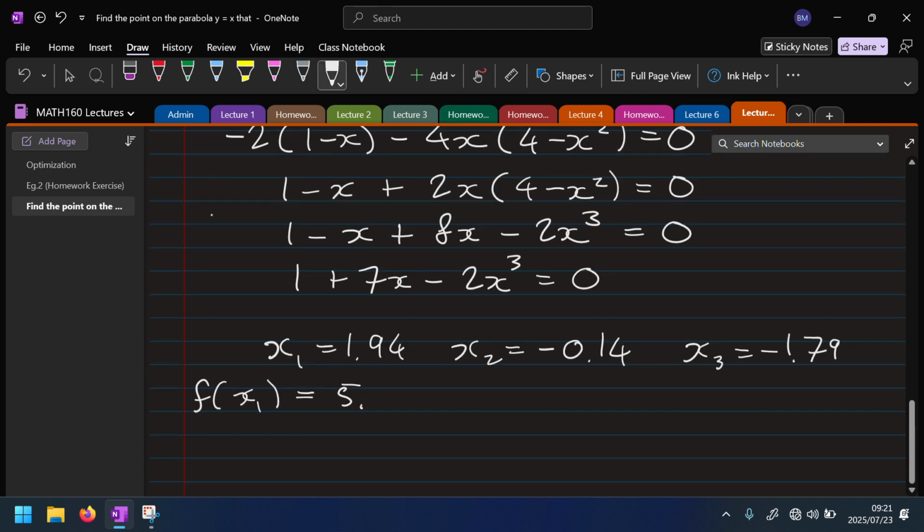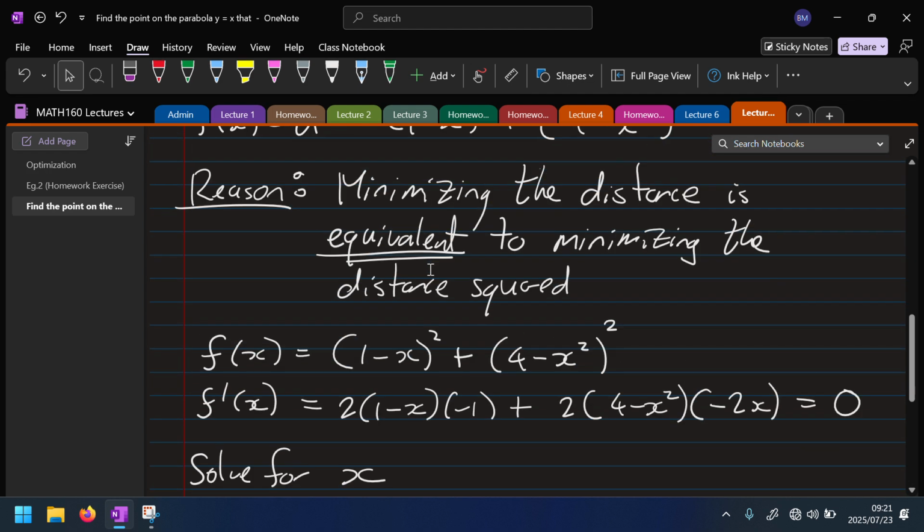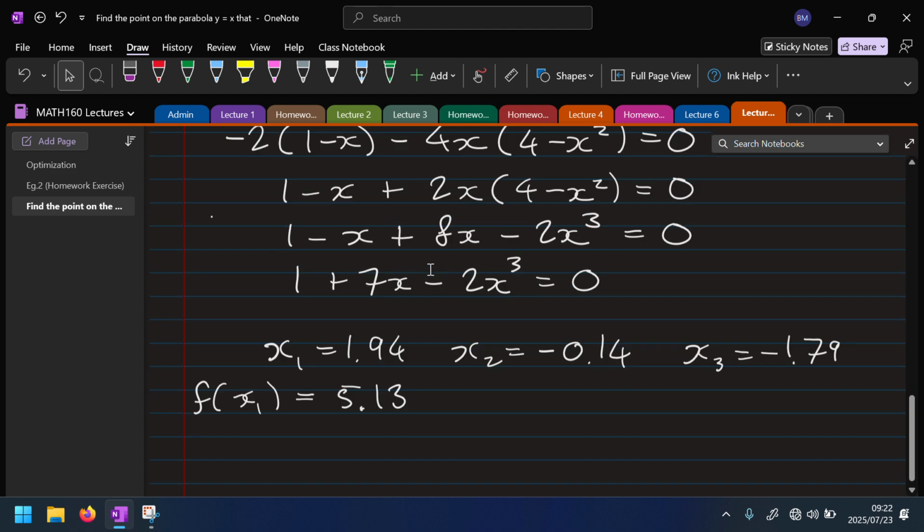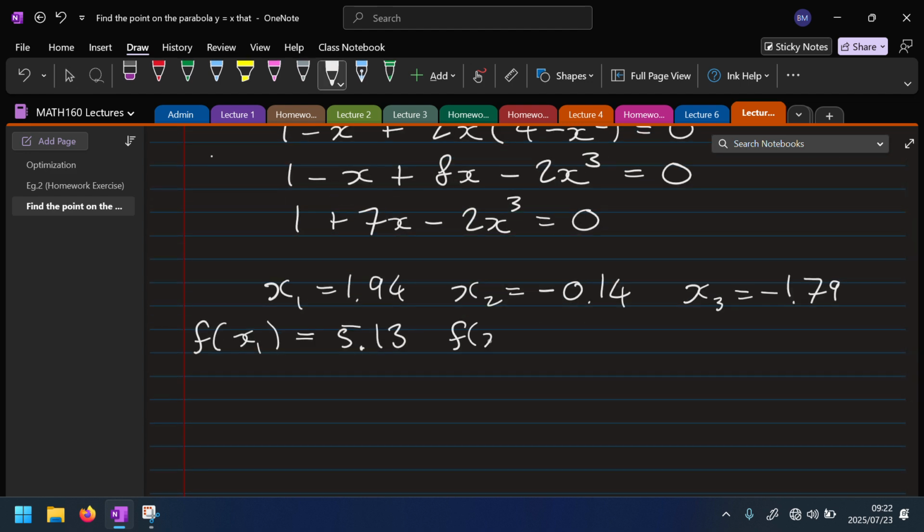That's 5.13. Then x2, what do we get for that? 18.44. That's already bigger, so we're not interested in that one. The last one, let's see if it's the smallest.